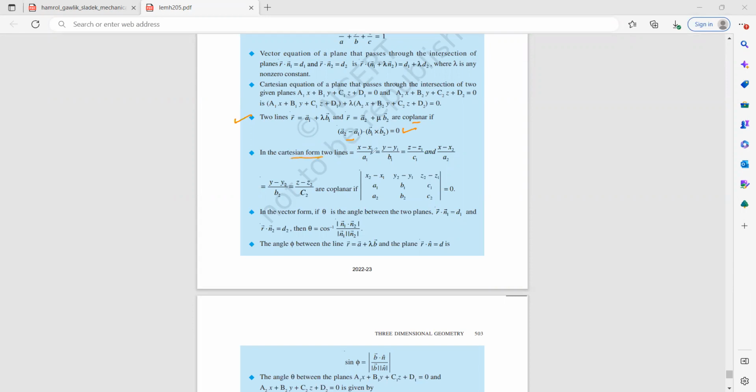In Cartesian form, line 1 is given as (x minus x1) over a1, (y minus y1) over b1, (z minus z1) over c1, and line 2 is given as (x minus x2) over a2, (y minus y2) over b2, (z minus z2) over c2. They are coplanar if the determinant of x2 minus x1, y2 minus y1, z2 minus z1, a1 b1 c1, a2 b2 c2 comes to be 0.